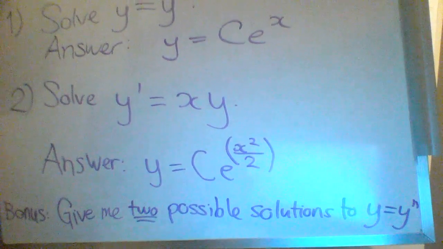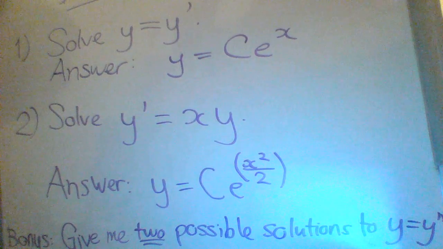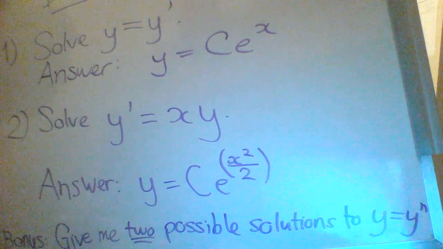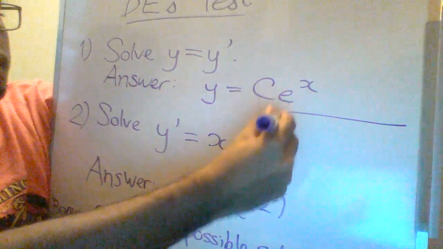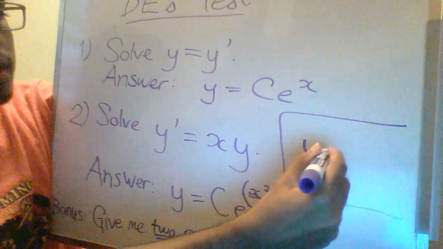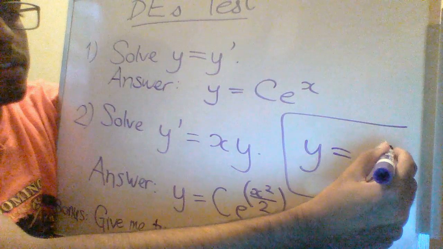Give me two possible solutions to y equals y double prime, all right? So I'm going to write that up here so you can see it. Y equals y double prime.